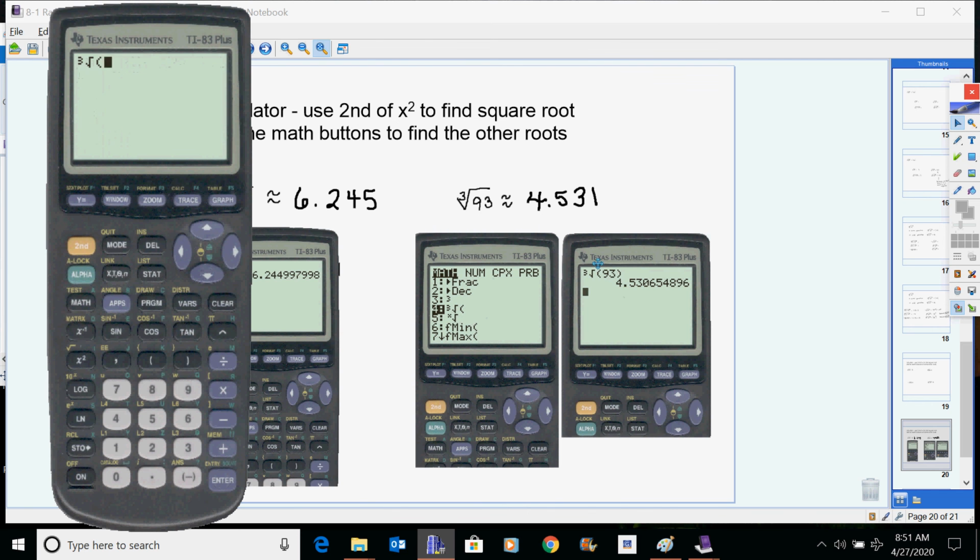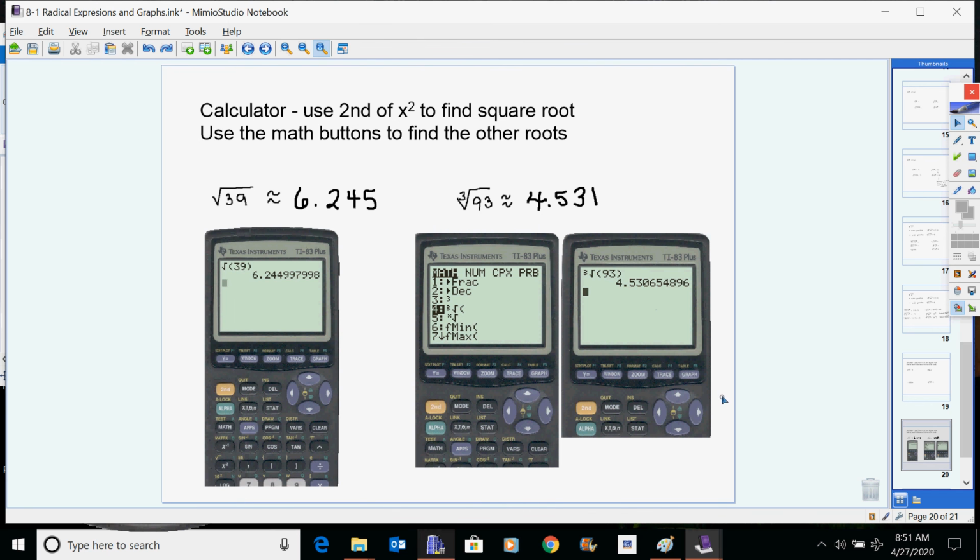And then you can put in your number and hit enter, and you end up with your answer, 4.531. Do use the rules of rounding. If it says to 3 decimal places, please round here. Use the rules of rounding. 6 and up comes up.